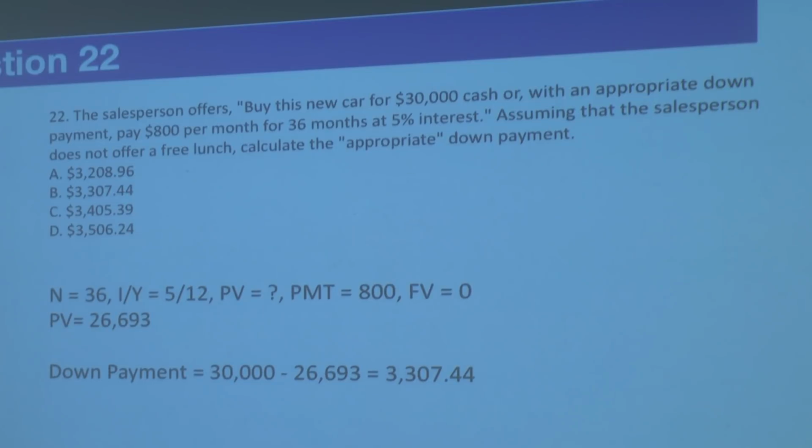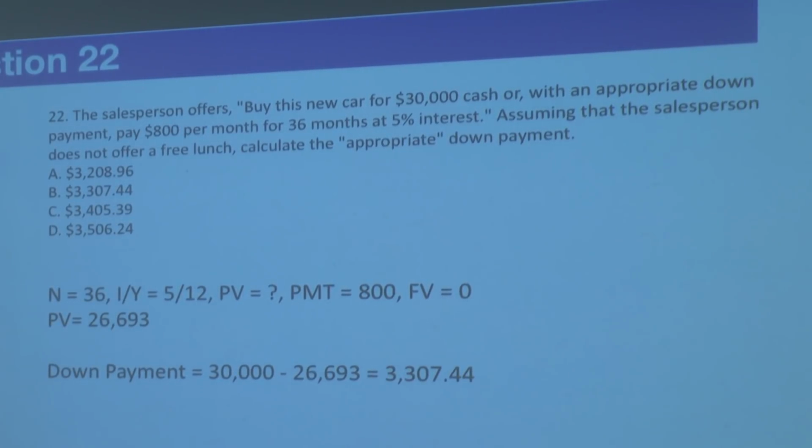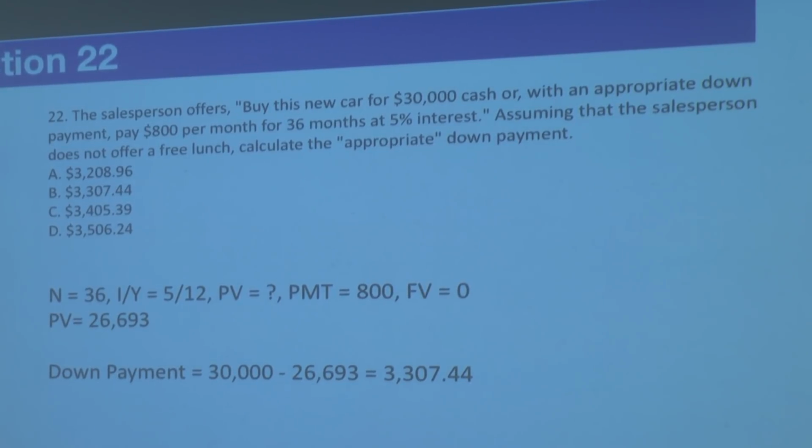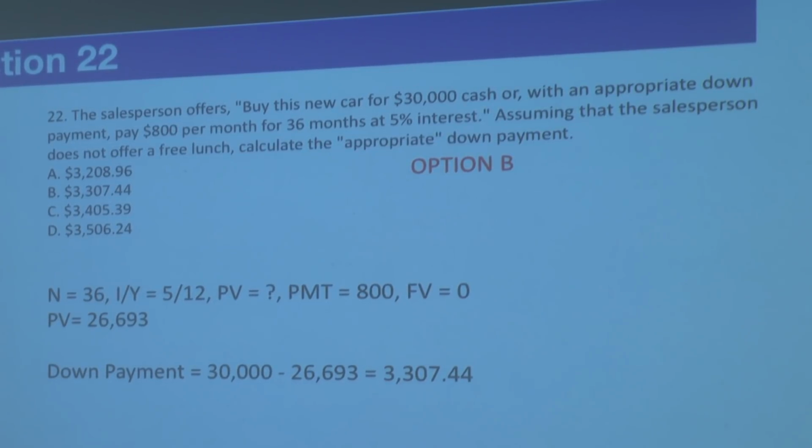In one case, you pay $30,000, so the present value is $30,000 because you pay it immediately. In the other case, I let you pay in installments, but it's not like you end up paying less. The discounted present value of the two options is the same.